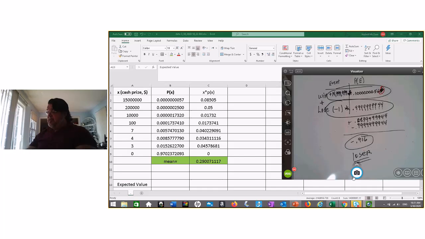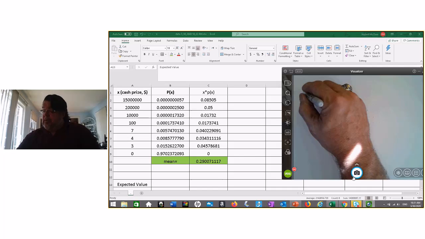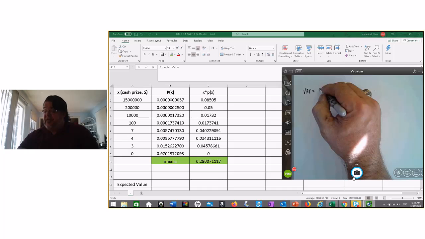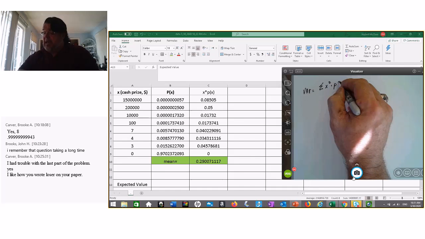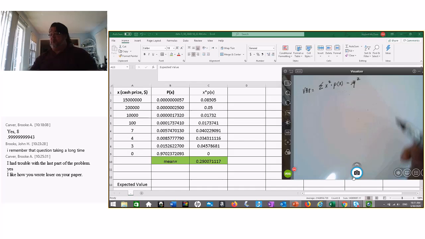The formula for the standard deviation is the variance. The variance is equal to the summation of x squared times p of x, minus mu squared, right?